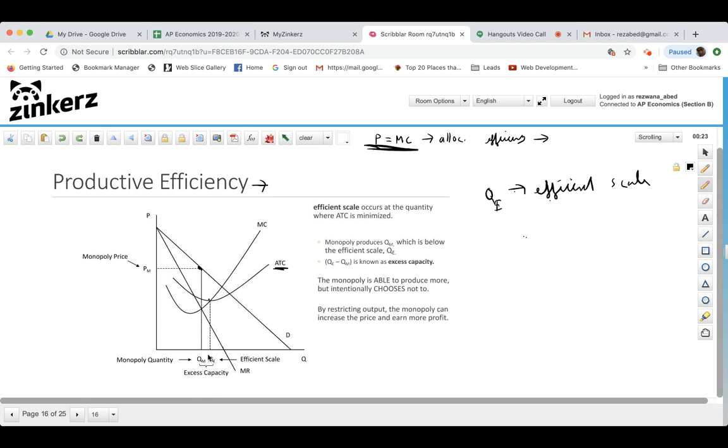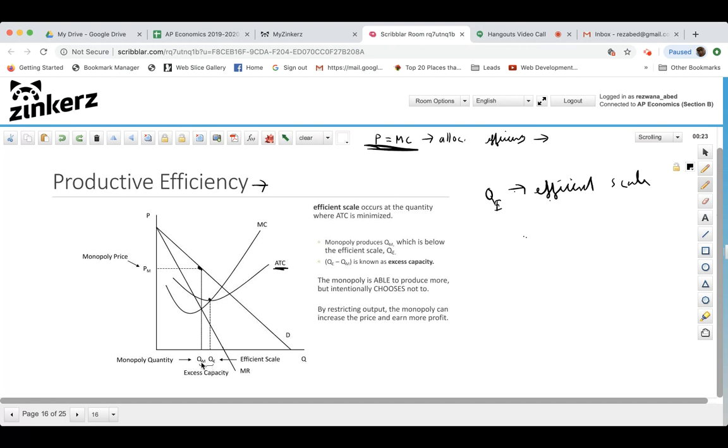This is the efficient size because this is where they would be producing at least possible cost. But of course they don't do that. They don't produce the quantity where the average total cost is lowest.